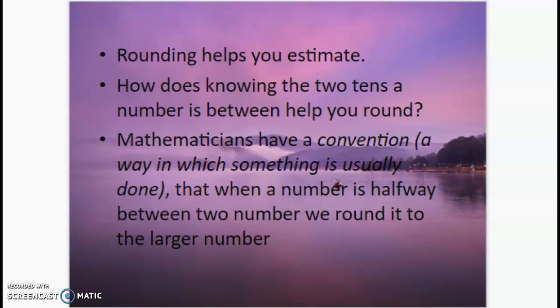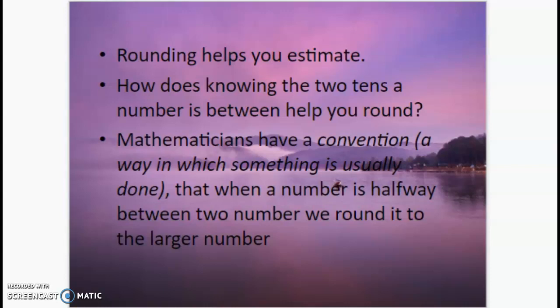It's important for us to know that, because when we're rounding to the nearest 10, then it's allowing us to get as close to the original amount as possible. So rounding to the nearest 10 will help us determine whether or not she's going to have enough money. But we have to know the two tens that the amount is between. So that's going to be really, really important.